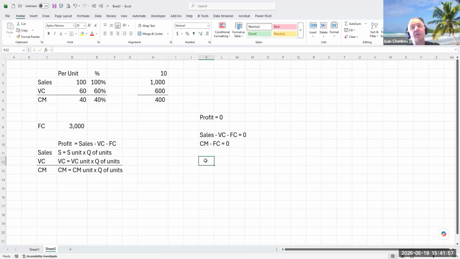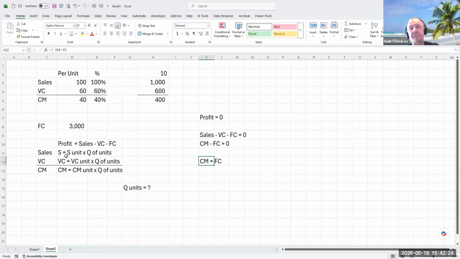So the only way I can get the break-even, or 0 profit, is when my contribution margin is equal to the fixed cost. And this brings us to the point: how many units do we need to sell in order for my contribution margin to be equal to the fixed cost?